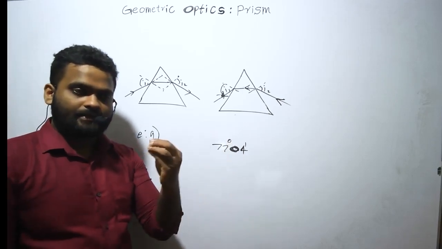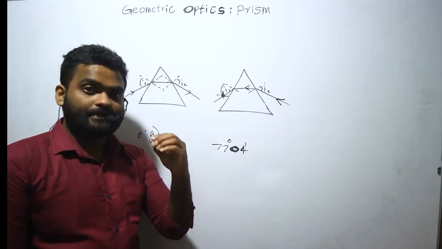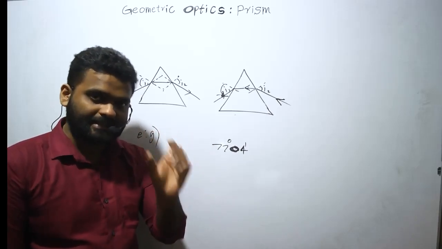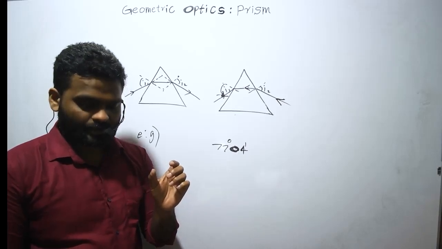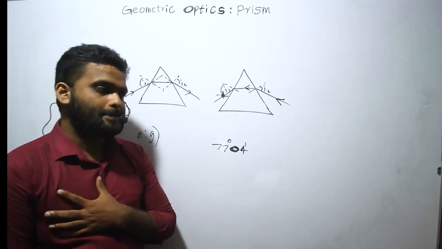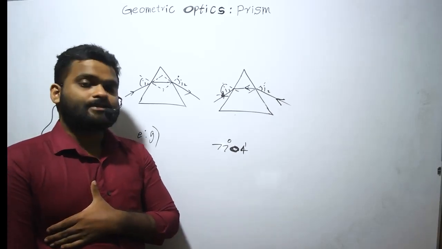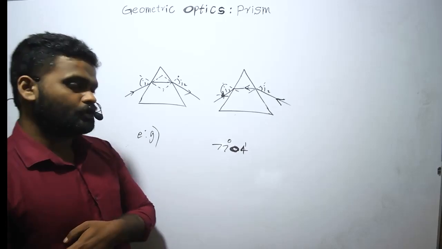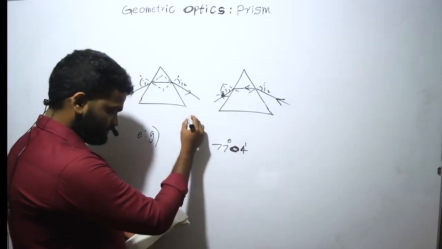Then to the same line, right? Angle of deviation, within brackets simple d, is also going to be this much.